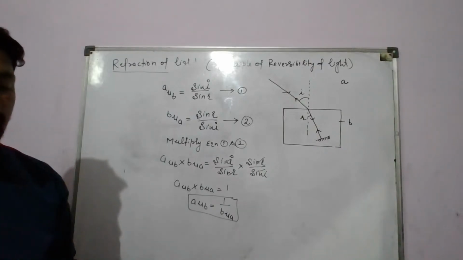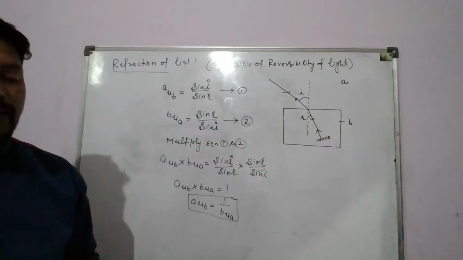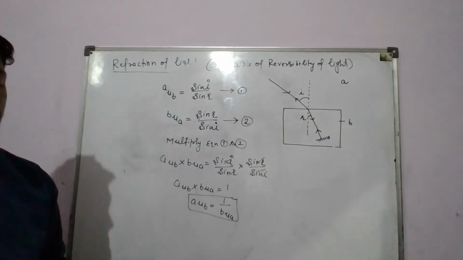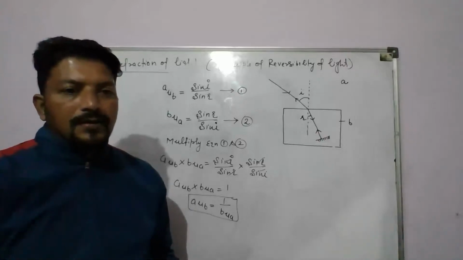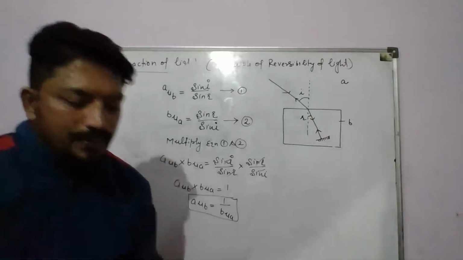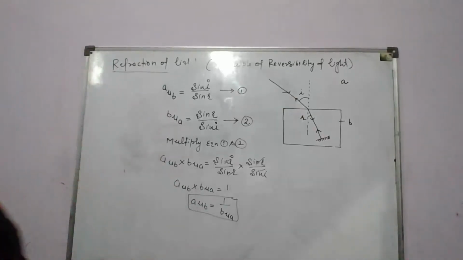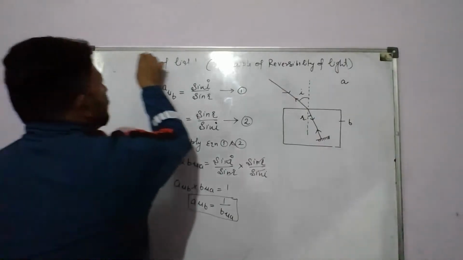The perpendicular distance between the incident ray and emergent ray when light is incident on the parallel sides of the refracting surface is called the lateral shift. First of all, you will draw the diagram.